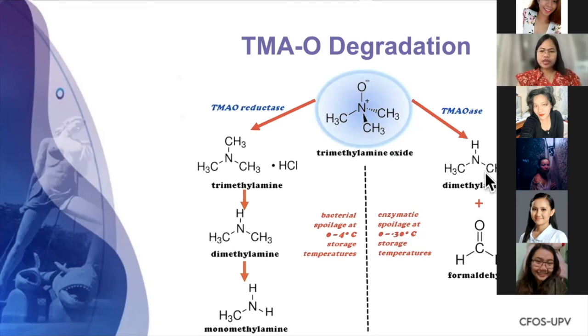So for the enzymatic, ang end product is the formaldehyde, in which it causes the toughening of the fish tissue or fish muscle.